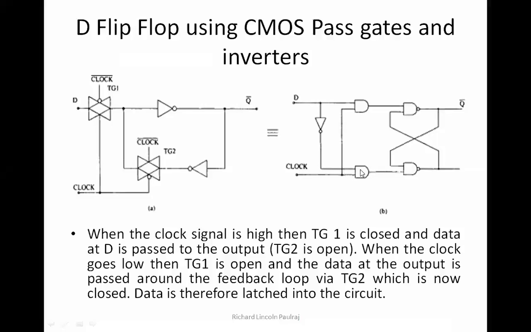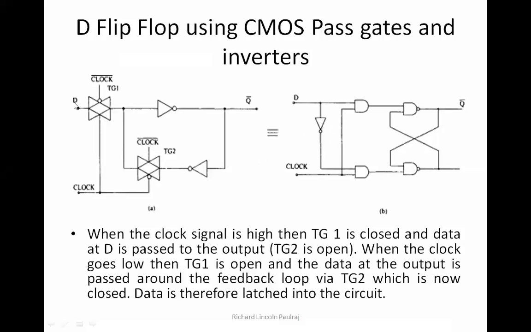So for four inputs, 2 plus 2, we just have D and clock. Clock is common to one of the terminals here and one of the terminals here, and D is common to one of the terminals here and here. That's the concept.